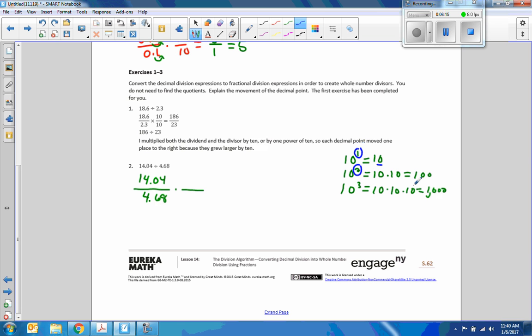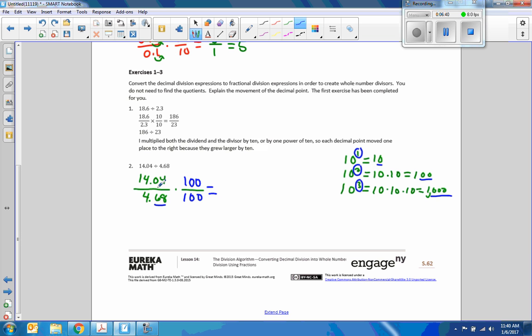2 zeros, 3 zeros. So when I come over here, I see two decimal places, so I need 2 zeros, so I'm going to multiply by 10 squared, which is equivalent to 100. I'm going to multiply by 100, top and bottom. Anything divided by itself is 1, so I'm multiplying by 1 here, and I'm just moving the decimals of both.